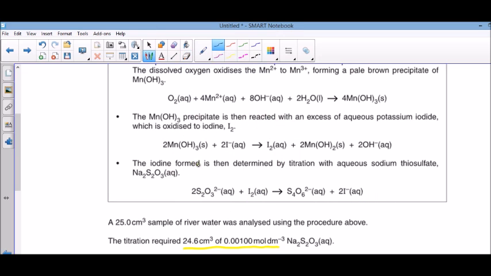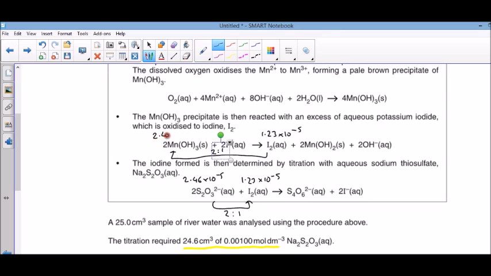Okay, so we know that thiosulfate is 2.46 times 10 to the minus 5. If I was going to get moles of iodine, it's 2 to 1, so this would be 1.23 times 10 to the minus 5. That number would be the same up here, and then I'm going to ratio to get manganese hydroxide, because that's the thing that's in both of these equations. So that's times by 2, because we've got 1 to 2.